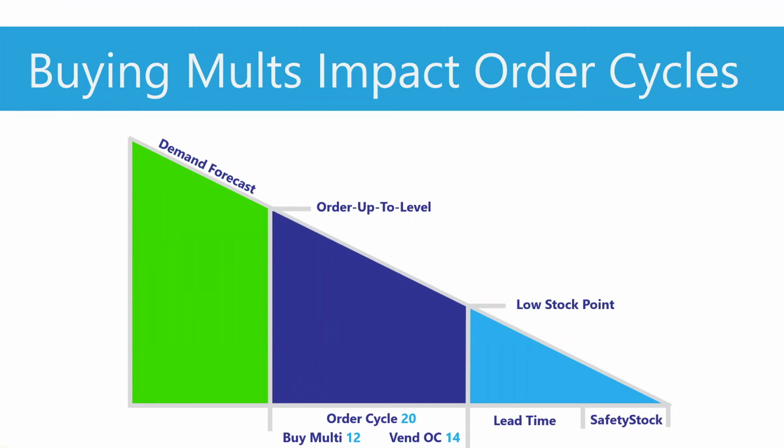But because of the blend of the item economics on some slower movers and the buying multiples and how they're set, these all combine, and actually for this buyer, they're buying an average of 20 days supply when they buy. We talked to them, they thought it was 14 days. We said, no, because of some of your settings, you're buying at a frequency of about 20 days on average. And that's fine, but we want to focus on that buying multiple.